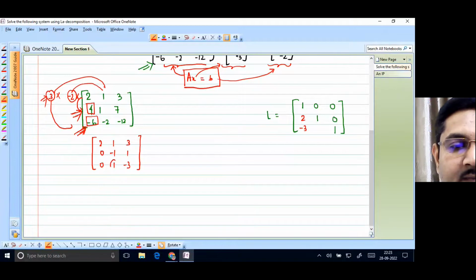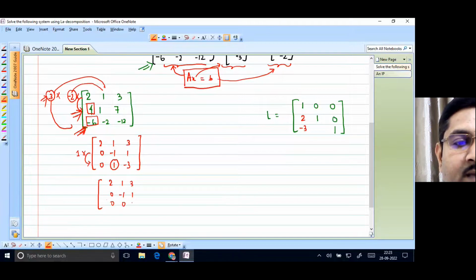Next target is the element in the 3 2 position. For that I will multiply 1 to the second row and add it to the third row. So I will get 2 1 3, 0 minus 1 1, and then 0, minus 1 plus 1 is 0, and 1 minus 3 is minus 2.